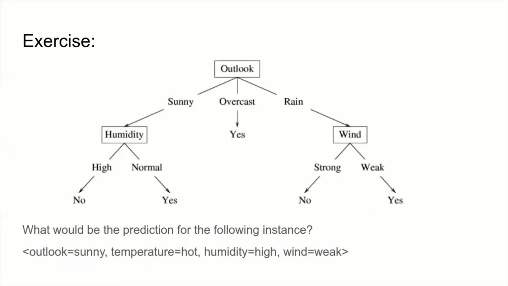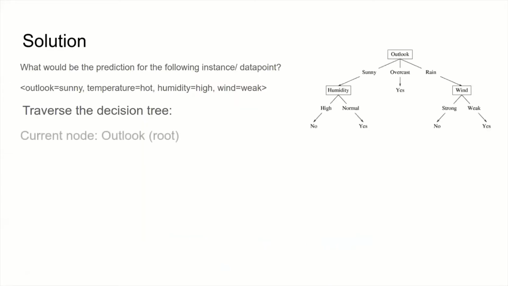So now I want you to tell me which is the prediction for the following features. If the outlook is sunny, the temperature is hot, the humidity is high, and the wind is weak, which prediction will the tree give us? No, exactly. That's correct. Let's see. Firstly, our current node is the root, of course.